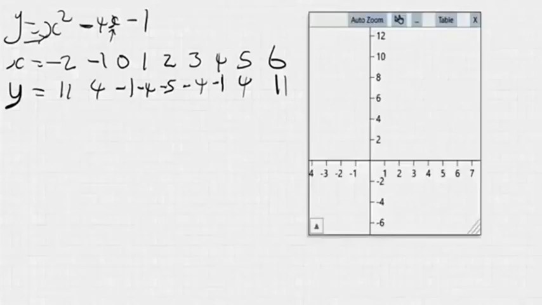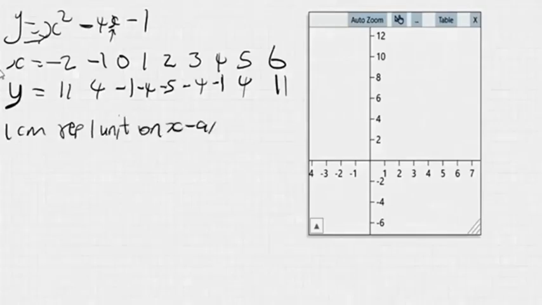Okay, guys, so this is the graph. Now note that I changed my scale. This time around, I used 1 cm represents 1 unit. Let me write it here. 1 cm represents 1 unit on x axis, and I use 2 cm.